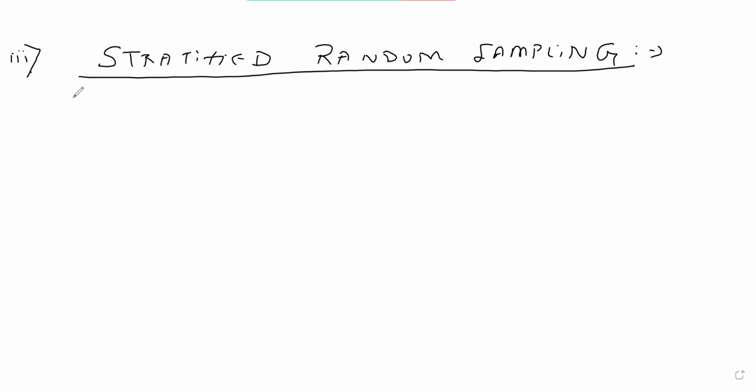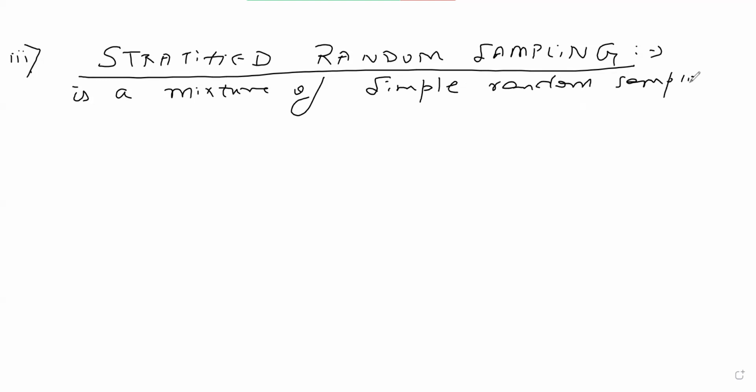So I can say it is a kind of mixture of simple random sampling and purposive sampling. Why? Because you are dividing the population into some subgroups.